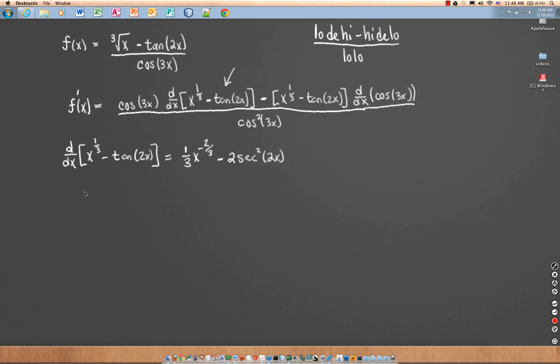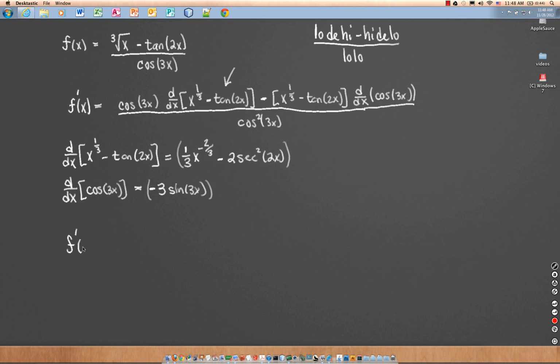Now I'm going to do this piece, d dx of the cosine of 3x. And so the derivative of cosine is negative sine. By the chain rule, the derivative of 3x is 3, so I get negative 3 sine of 3x. Now what I do is I insert these pieces back into the difference quotient.